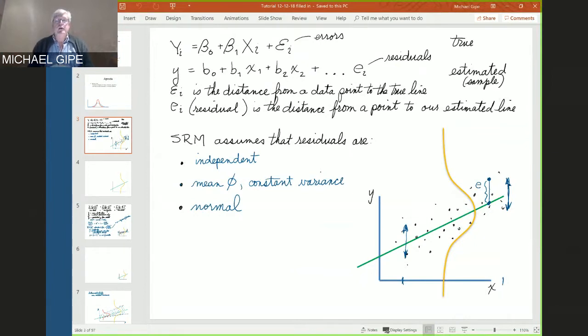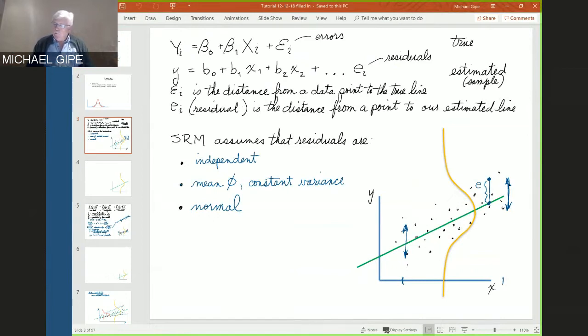So we call this the estimated model. These errors are measured from the regression line to each data point. It's the vertical distance, that is the distance in the y direction, that a particular sample data point is from the line, either the true line or our sample regression line.